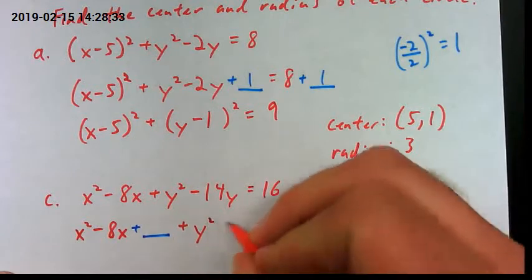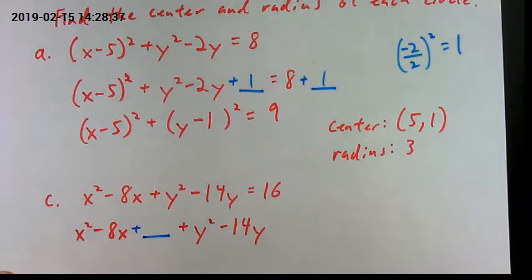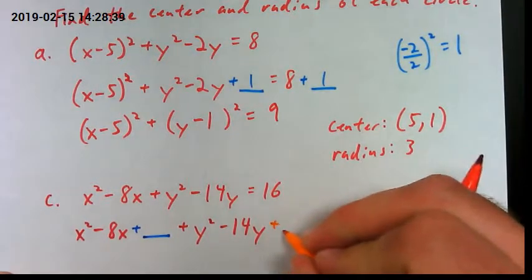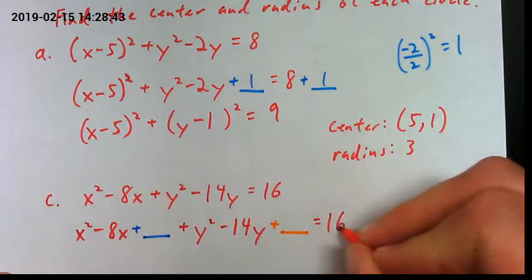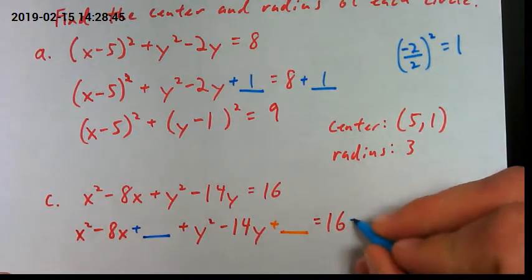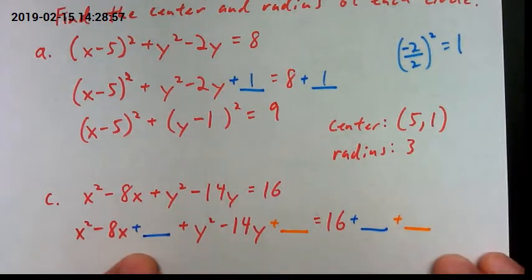Plus y squared minus 14y plus another unknown value equals 16. And again, you have to make sure you add those two values on to this side as well. Now notice, unlike my first few times going through this, I don't rewrite my equation a whole other time after this. I just go ahead and plug them in after I've done these blanks.